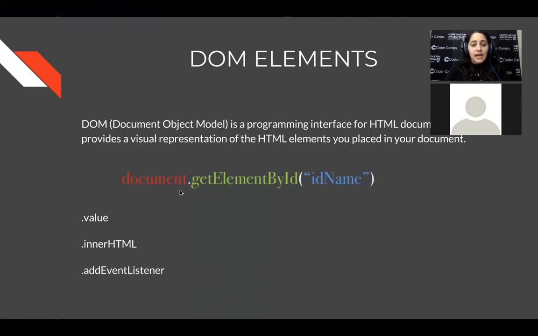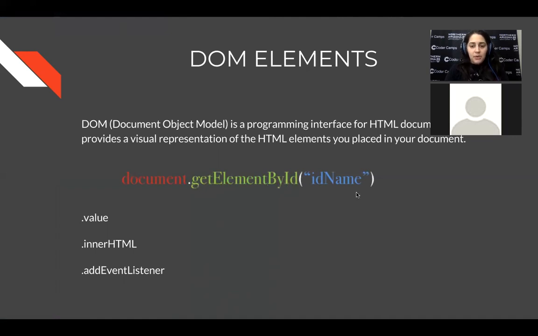So if we're looking at document.getElementById, the structure of that is document.getElementById, and it's in camel case. Camel case meaning the first word is going to be lowercase, and then the beginning of every word after that is going to have a capital letter. So we see the E, B, and I are capitalized.